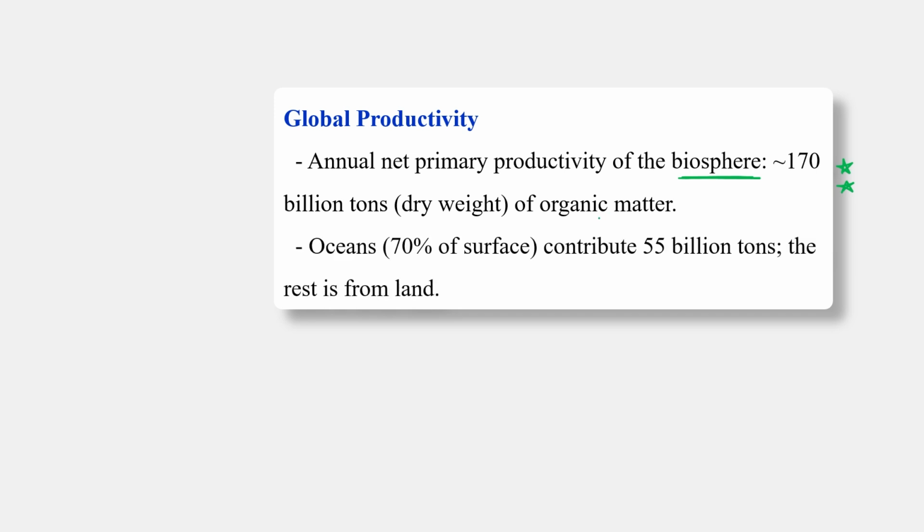The ocean, which covers 70% of our earth's surface, contributes 55 billion tons of organic matter production, and the rest is from land area. These are the data; sometimes questions are asked based on these data.